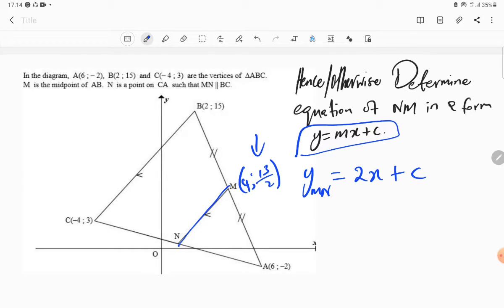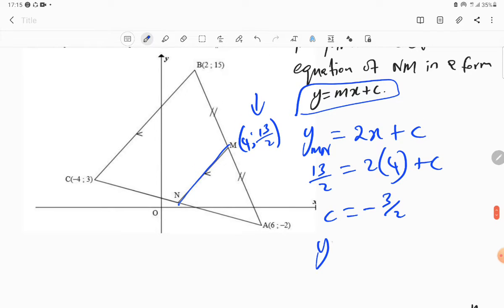So in the place of y, we put 13 over 2, and in the place of x, we put 4, then plus c. Then c is going to be equal to negative 3 over 2 if you press your calculator wisely, because 13 over 2 minus 8 is negative 3 over 2. So the equation is y equals 2x minus 3 over 2.